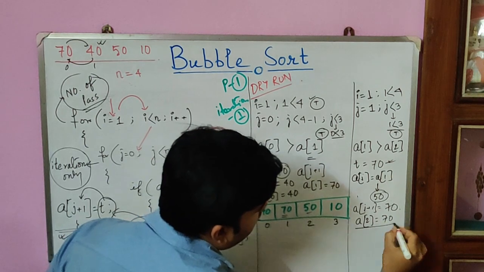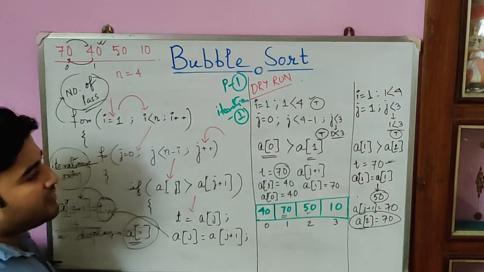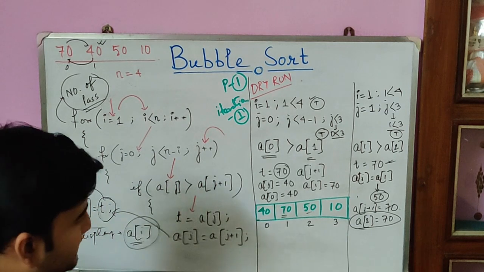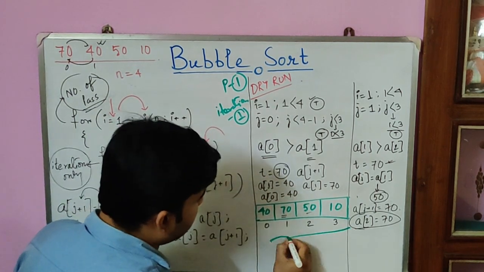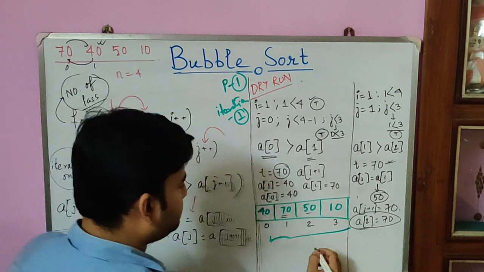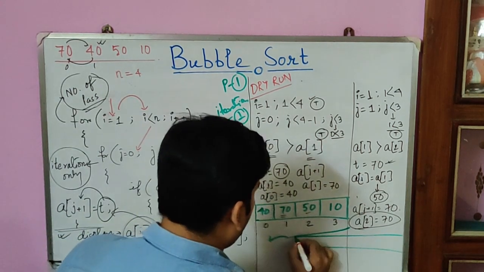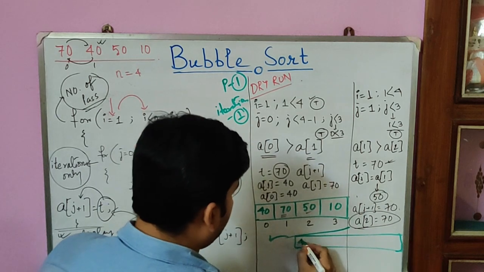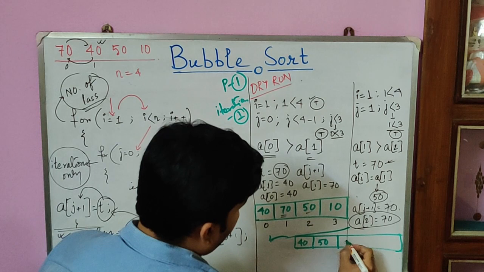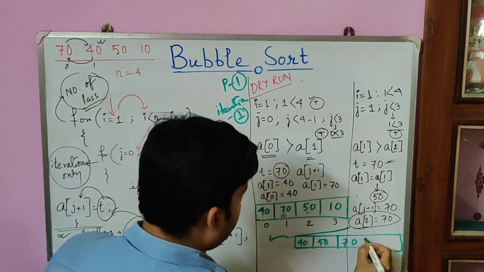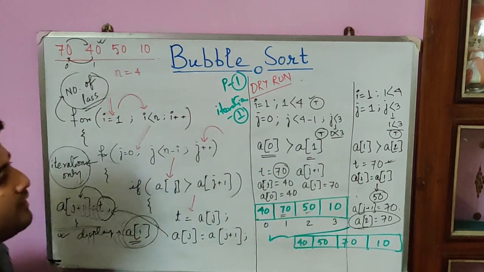So a of 2 stores 70. Now after this iteration, we can say that my desired array is 40, then 50 comes over here, then 70, then 10.